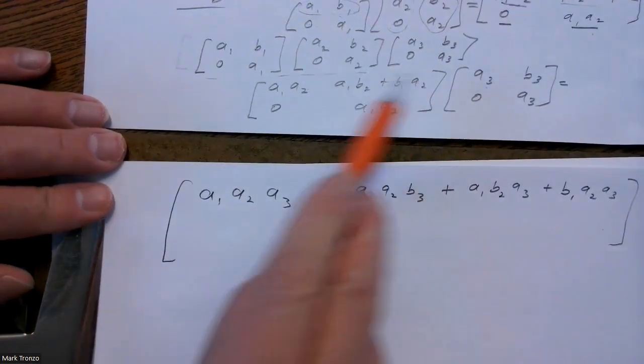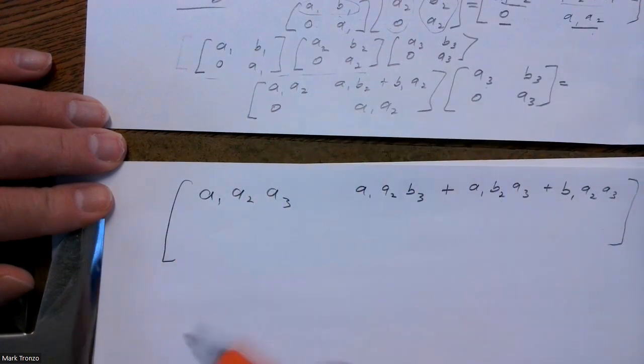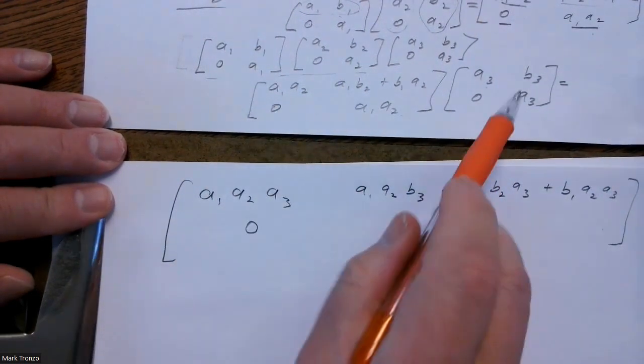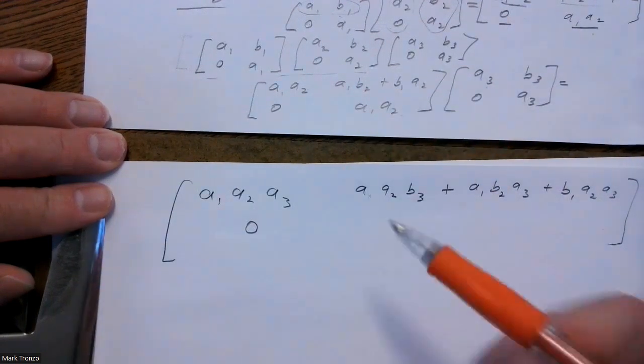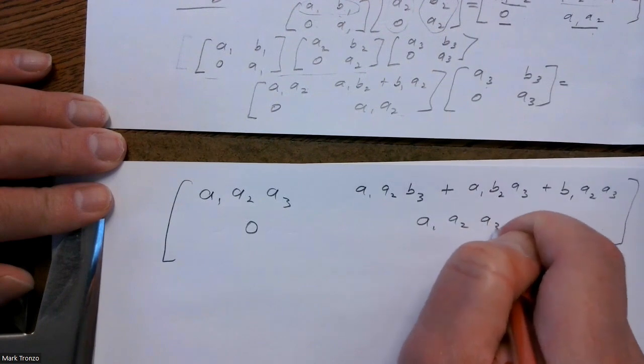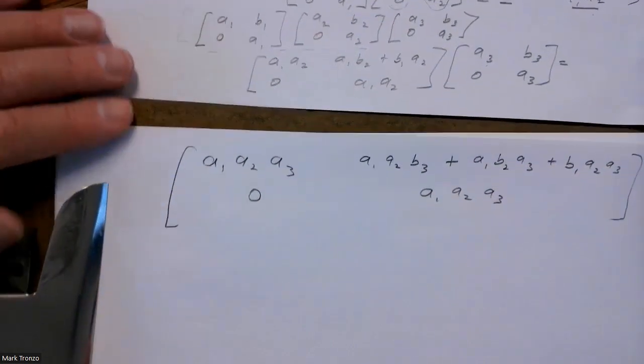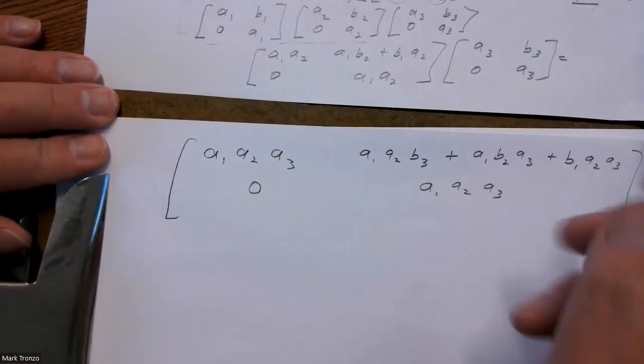And then this one times that, which is 0, plus this times that, which is 0. Then this one times this one. And then finally, so that's the one way.